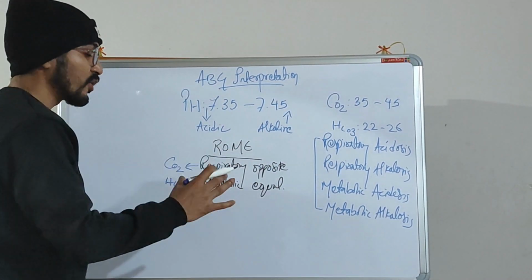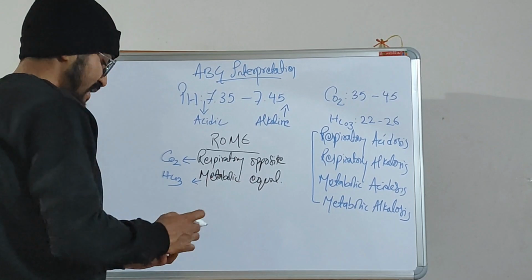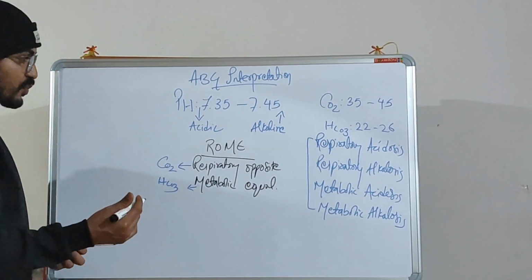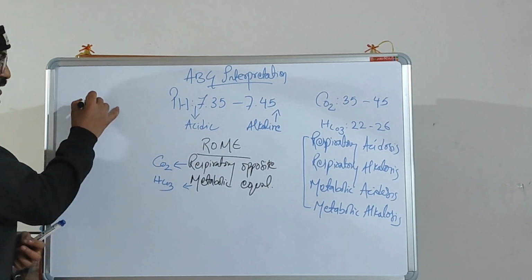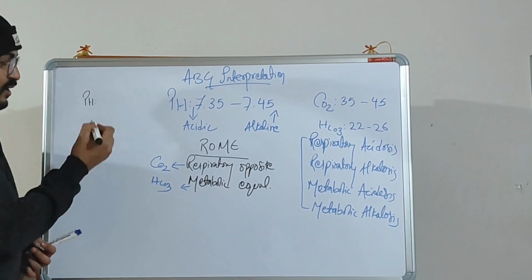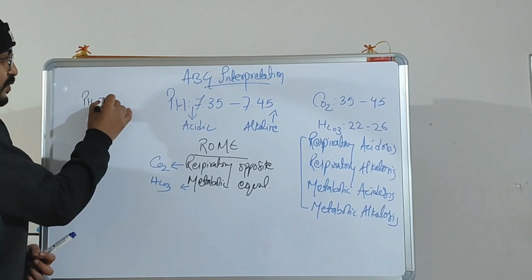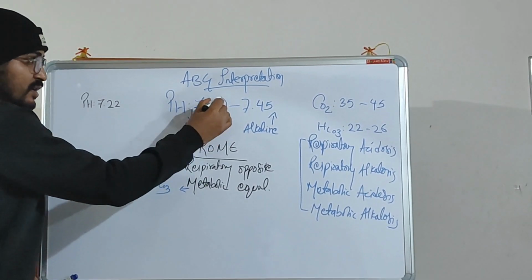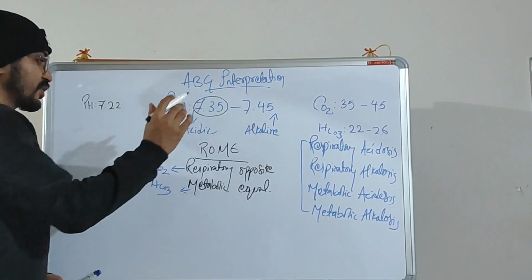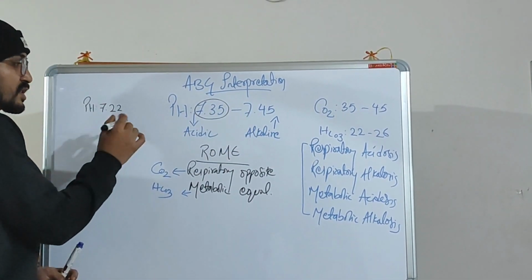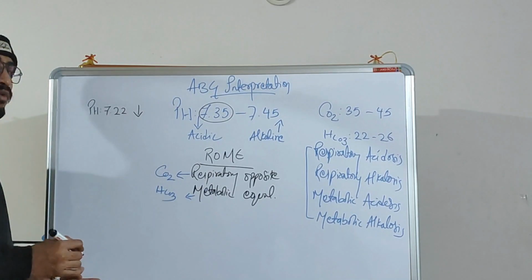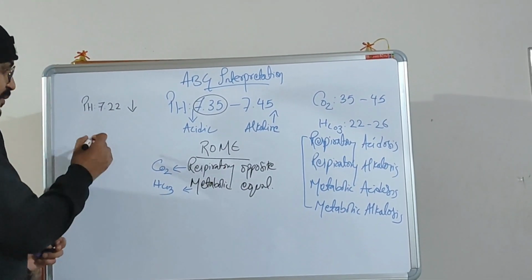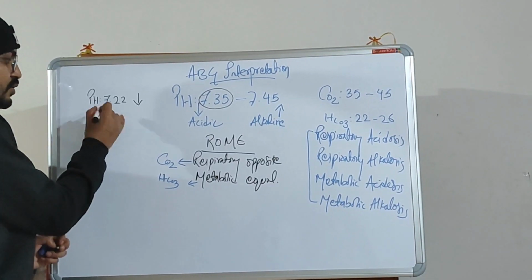To apply the formula of ROME, take an example. Say you get a report where the pH of a patient is 7.22. The normal range is 7.35 to 7.45, so here it is moving downward from the normal range. Next, you look at your CO2.